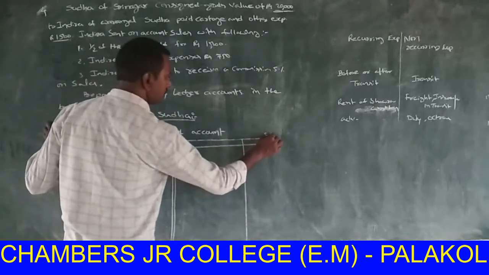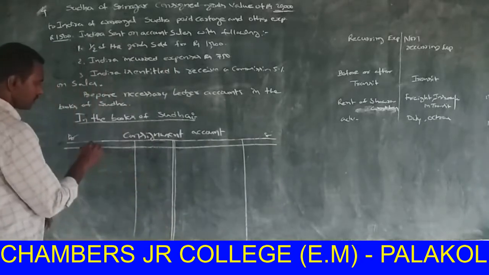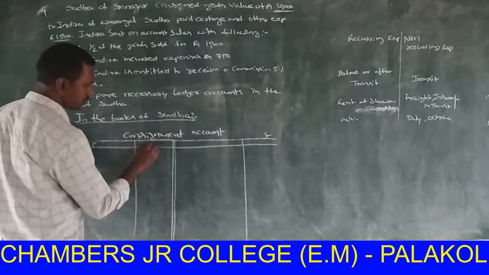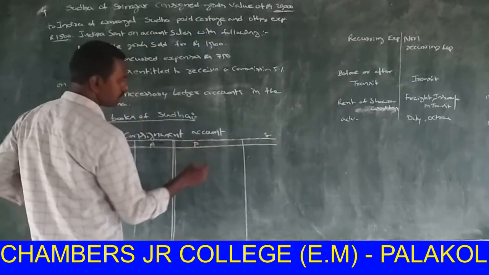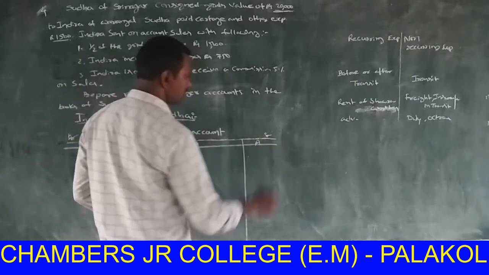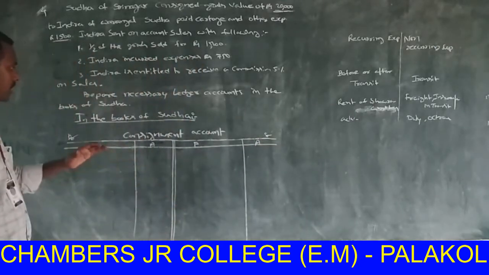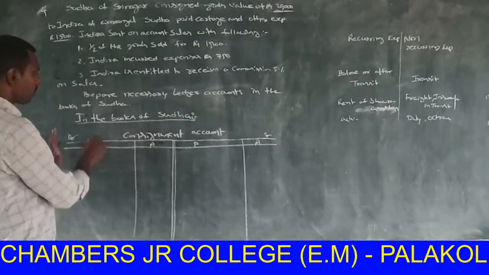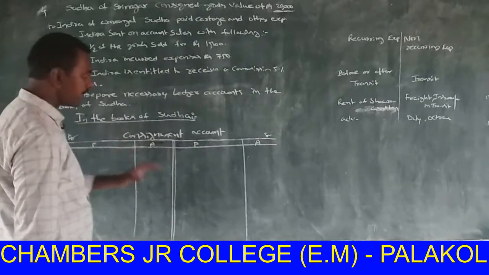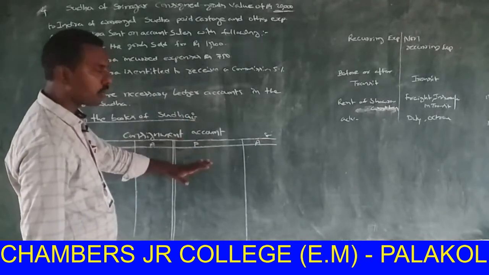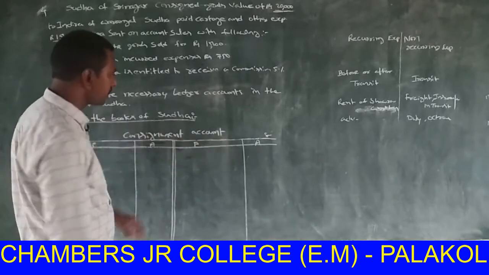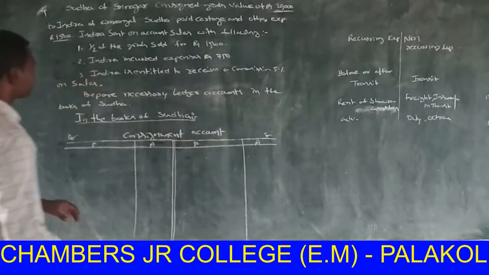Debit, credit, particulars, amount. Here on the debit side of the consignment account all the expenses are shown, and on the credit side all the income or revenue are shown.